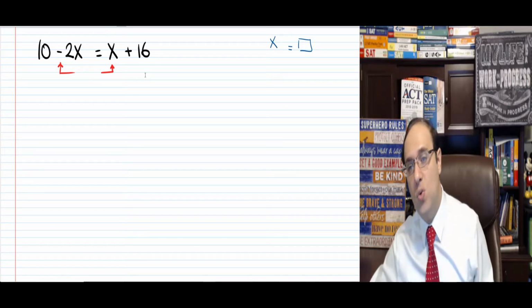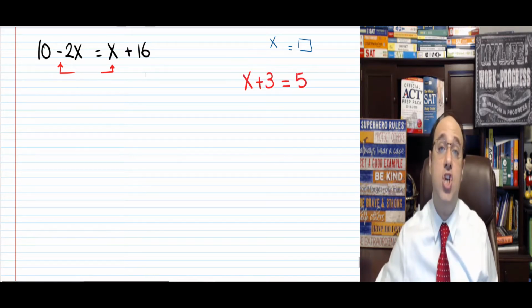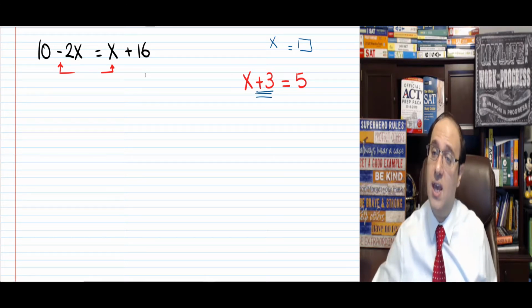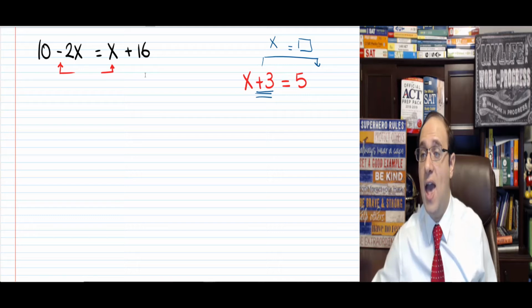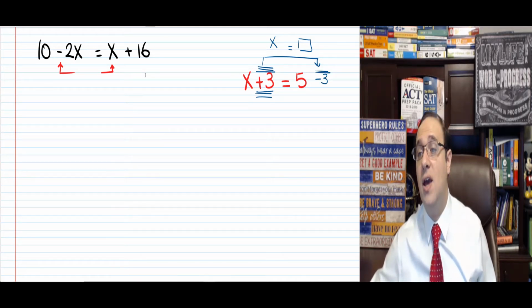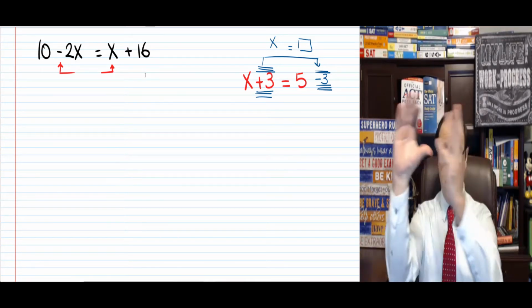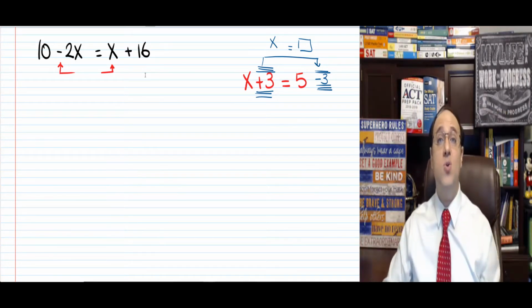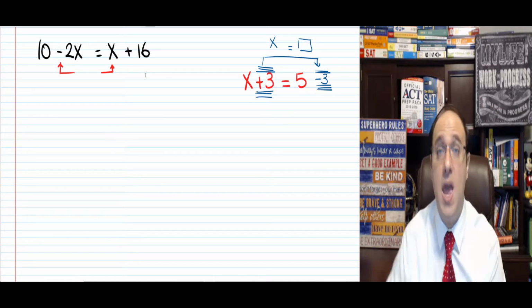Remember how we used to move things from one side of the equal sign to the other by changing the sign that came with it? So the plus 3 moves from here to here as minus 3. Remember that? Okay. This is true. To move one thing from one place to the other across the equal sign, across that bridge, we need to flip its sign.